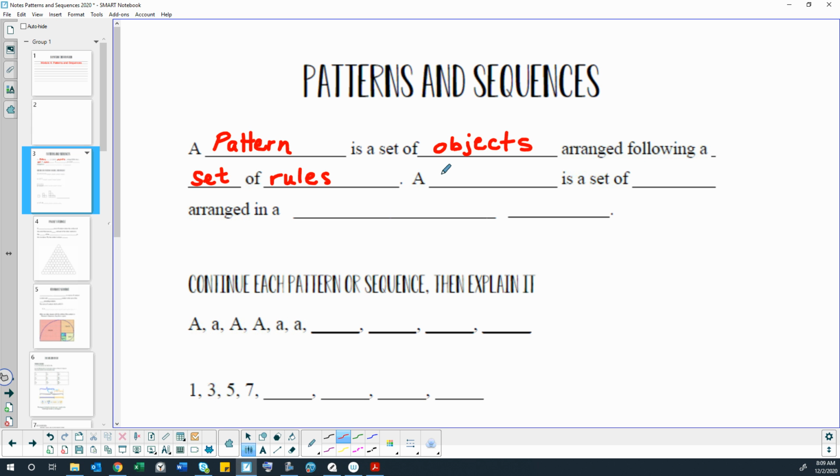A sequence is a set of numbers arranged in a specific order.